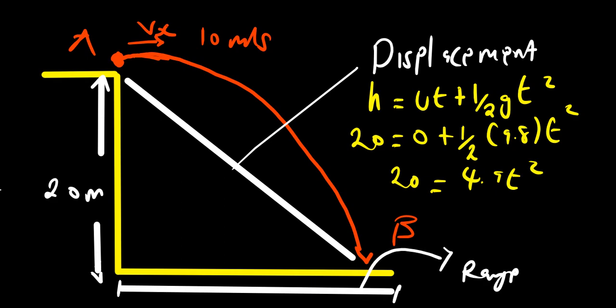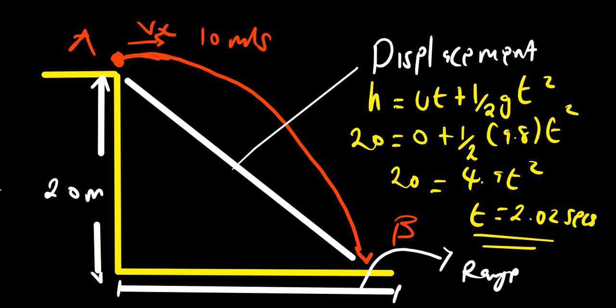To find t, you divide by 4.9 on both sides and square root that. So the t that I'm finding will be 2.02 seconds. So that would be our time.